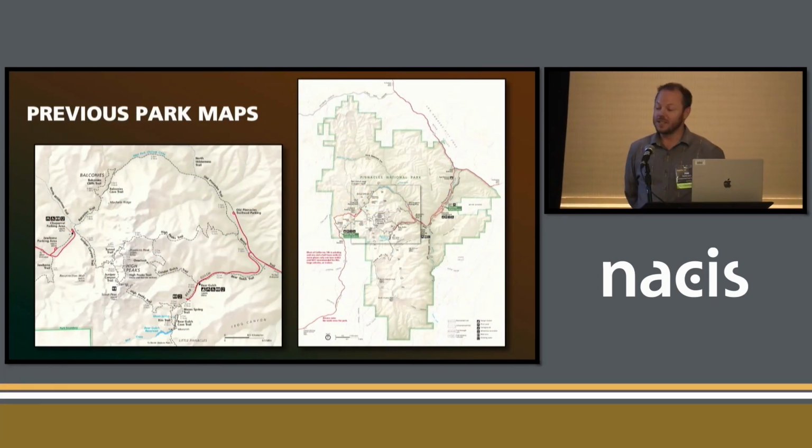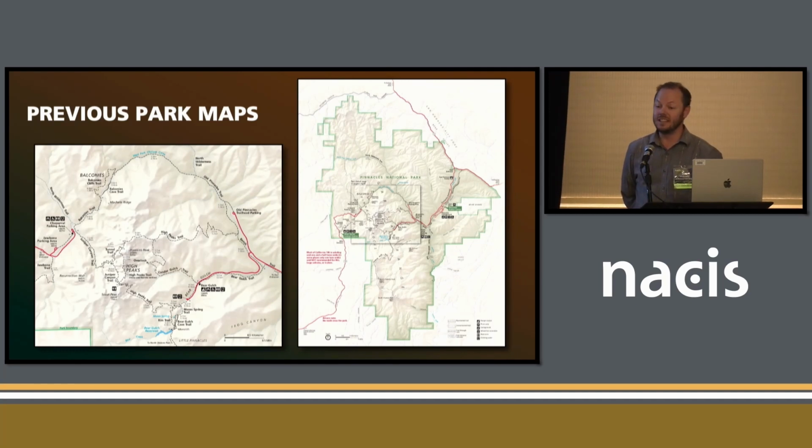The previous map that I was tasked with replacing was made by a colleague and retired member of the Park Service who's in this audience here. Tom actually made this map in 2004, and it was asked to be replaced in 2021 or 2022.